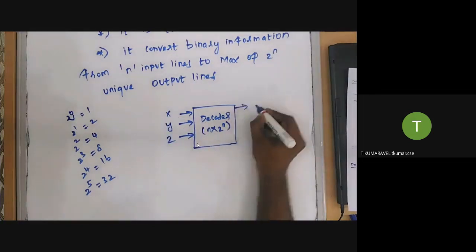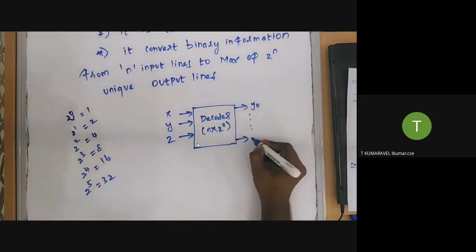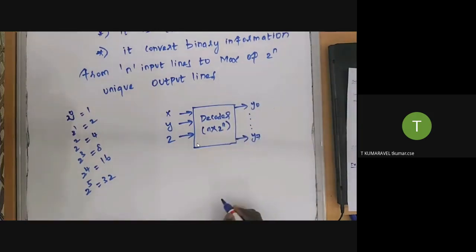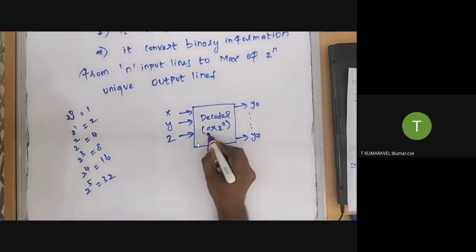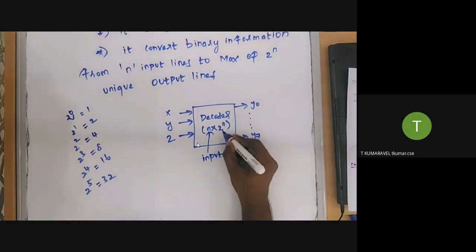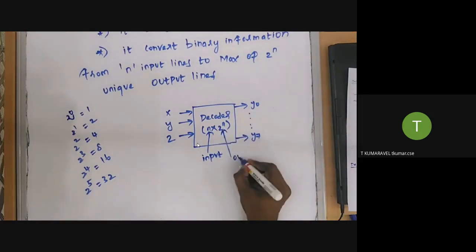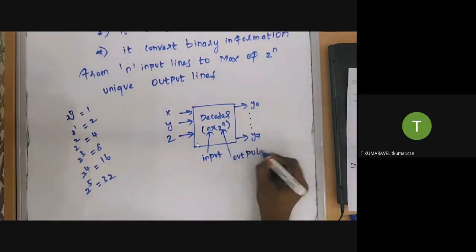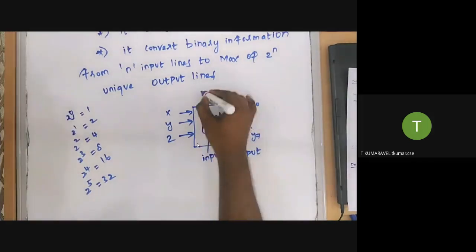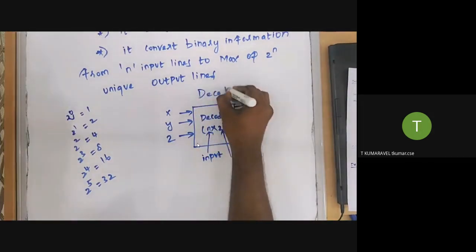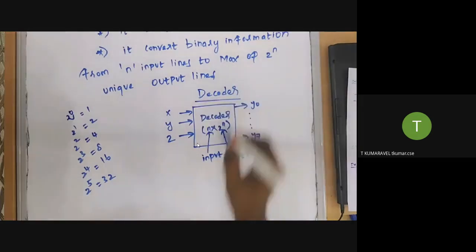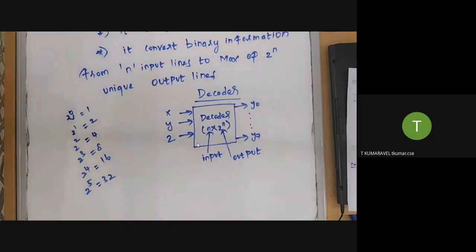It is going to generate 8 outputs, from y0 to y7. So n is the input, and 2 power n is the output. This is the specification of the decoder.